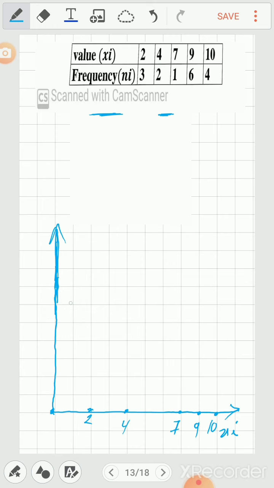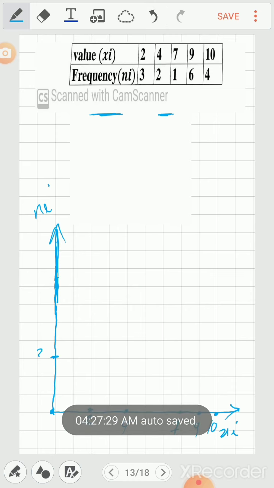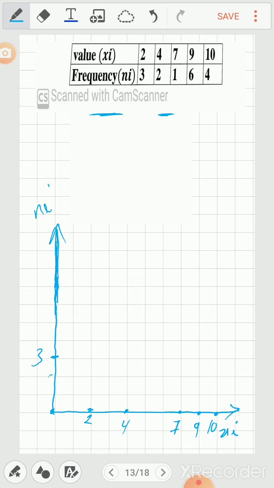Now on the y-axis we set the frequencies ni. 1, 2, 3, 4, 5, 6. We have 3, 2, 1, and 6 and 4.